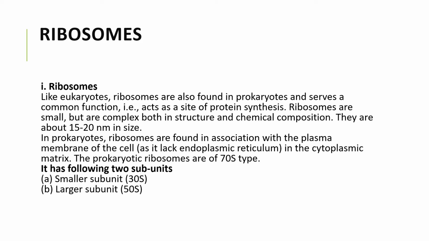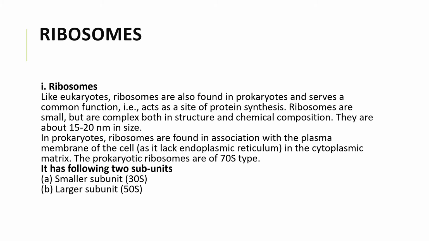In prokaryotes, ribosomes are found in association with the plasma membrane of the cell. Why? Because prokaryotic cells do not have cell organelles like endoplasmic reticulum. Otherwise, in eukaryotic cells, we have seen that the ribosomes are present on ER, which we call rough endoplasmic reticulum, that is RER.